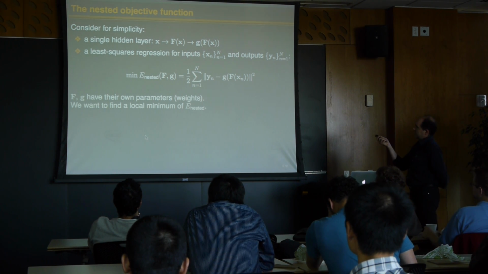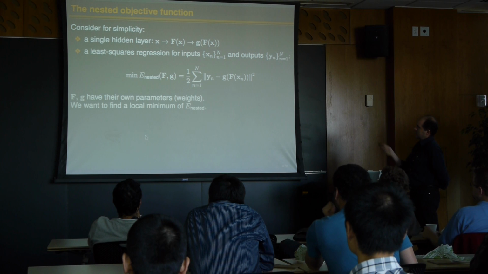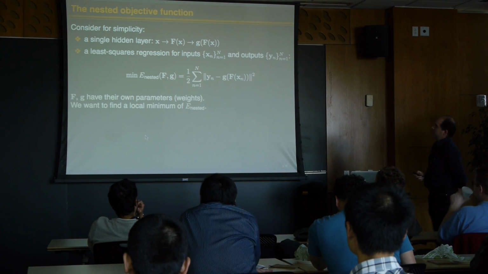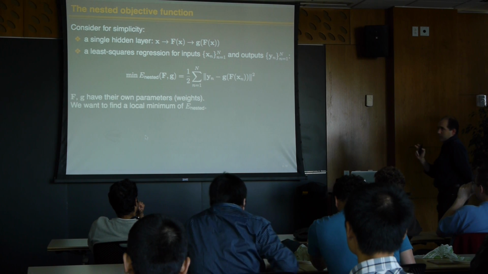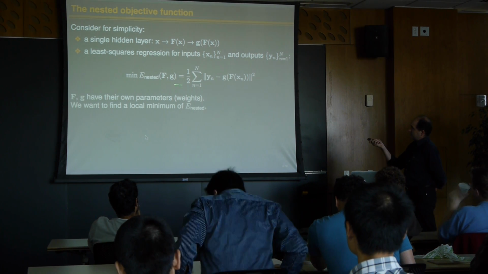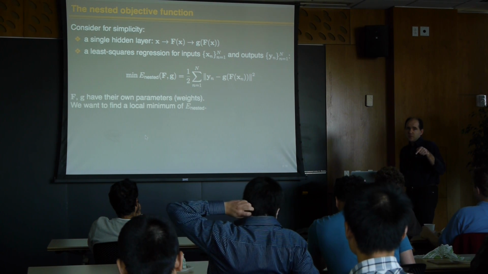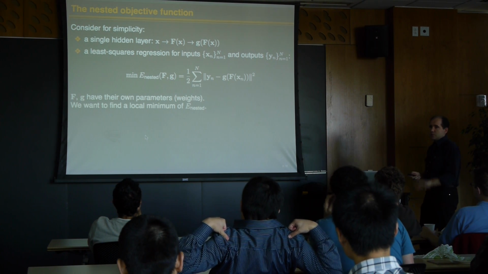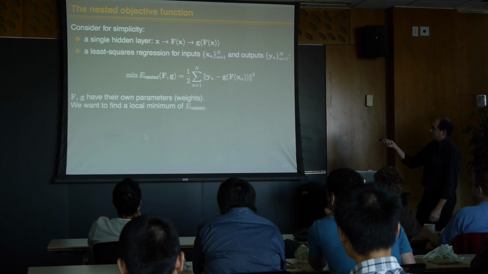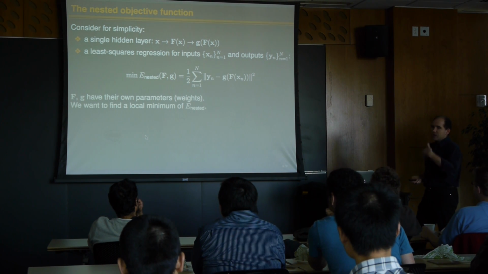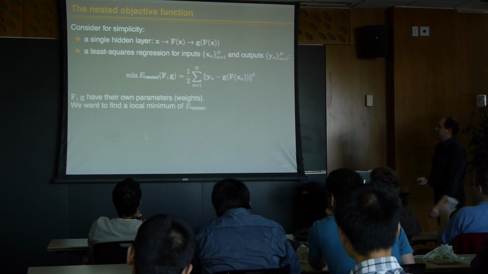So let's consider then this problem here, which is just a regression problem of inputs x and outputs y that goes through these two functions. And each of them has its own parameters. So when I write here that the objective function depends on f and g, what I mean is it depends on the parameters of those functions. That's just notation to simplify so that I don't have to write here widths, bandwidths, or weights, or this or that, biases, etc.